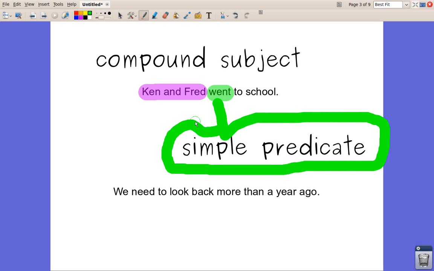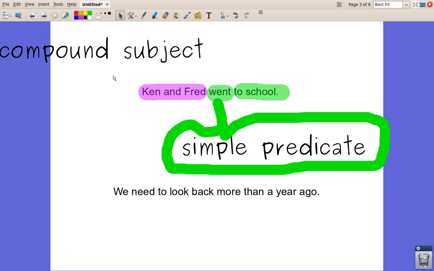So we know that basically our sentence, Ken and Fred went. Now we know where they went. They in fact went. They went to school. But to school is additional information. So we'll talk about that here in a minute.